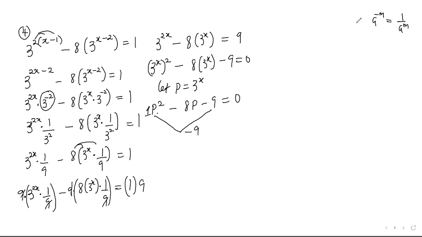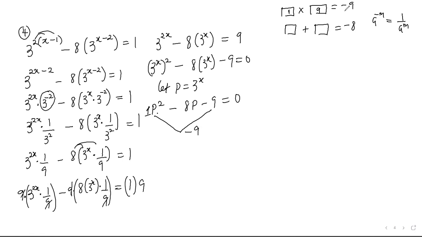You're looking for two values such that when you multiply them together, you get minus 9, and when you add them together, you get minus 8, which is the middle term. Of course, 1 times 9 gives 9, but I need a negative 9.